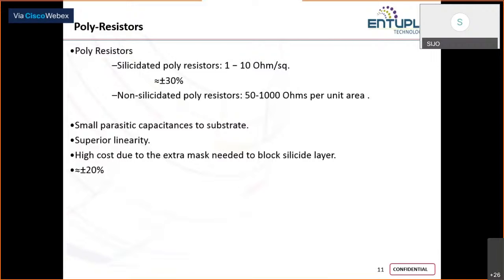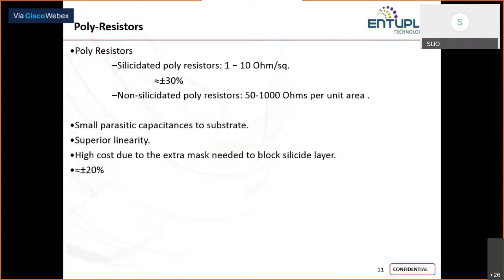When we say poly resistors, the advantage is they have higher sheet resistance. If you want to incorporate a high value of resistance, say 20K or 30K, and you are really constrained about the area of your chip or layout, then you can go for poly resistors, which have a high sheet resistance.